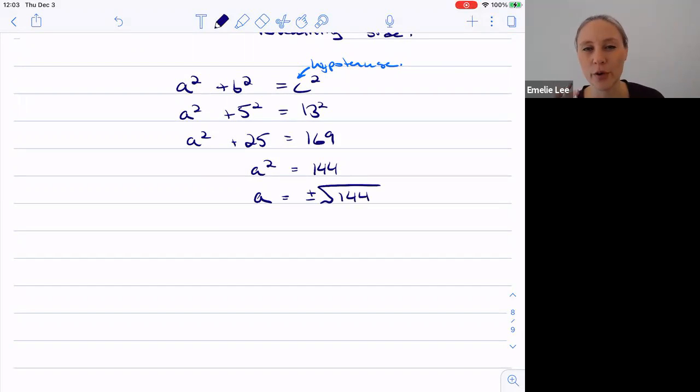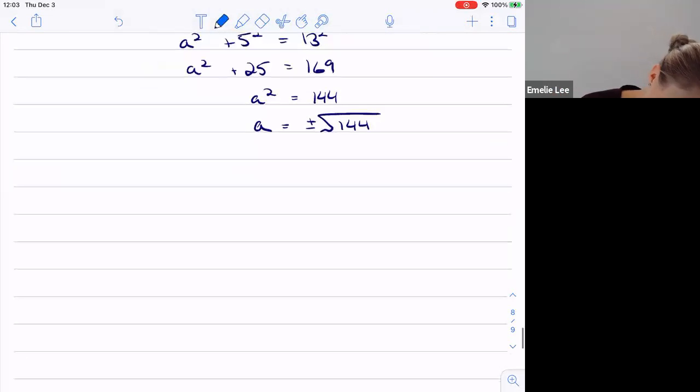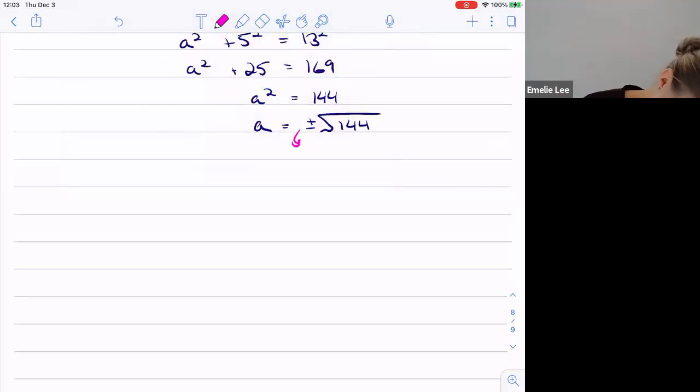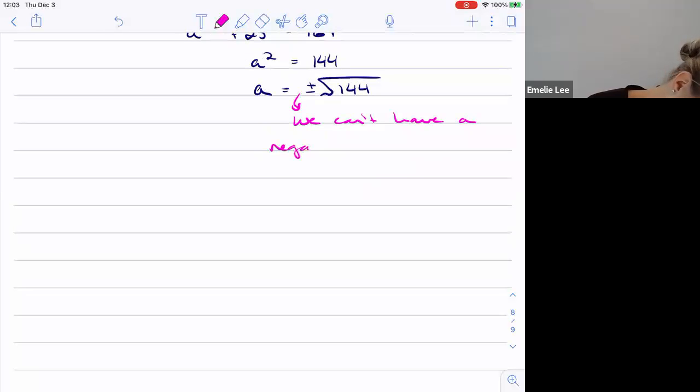However, there are no negative distances, right? Actually, I'll do it in pink because it's kind of important. We can't have a negative distance, so we only consider the positive.